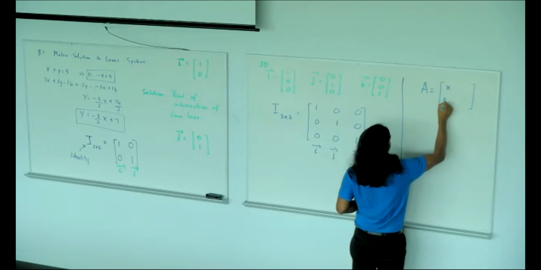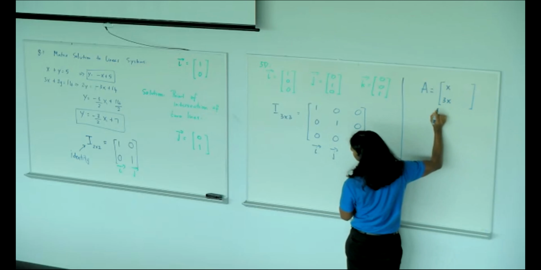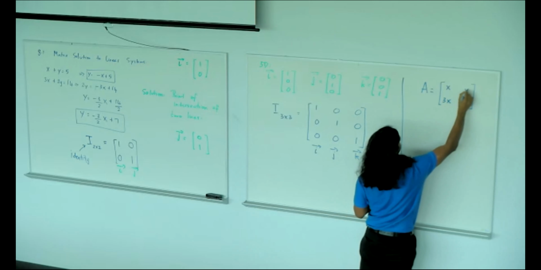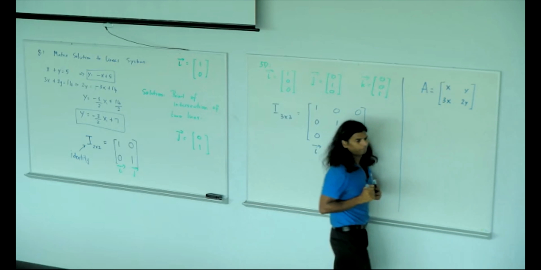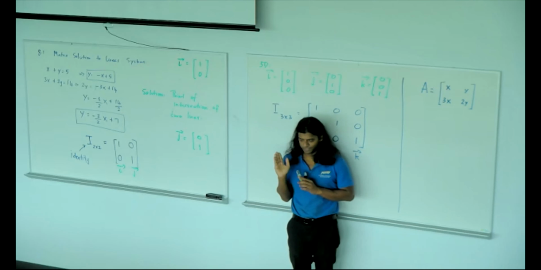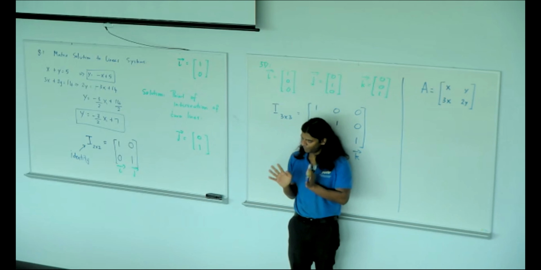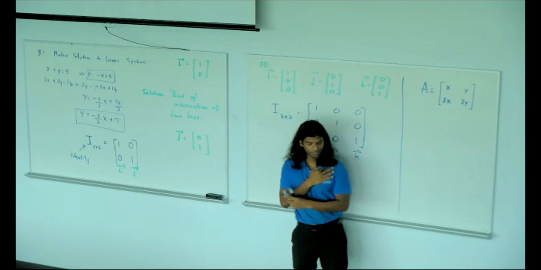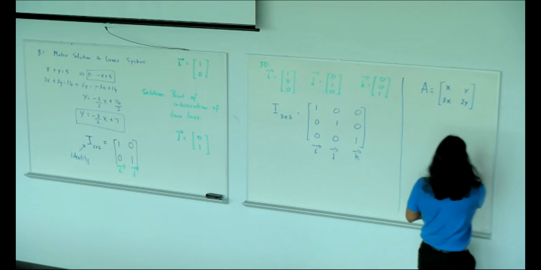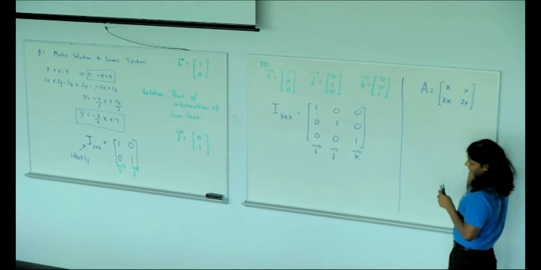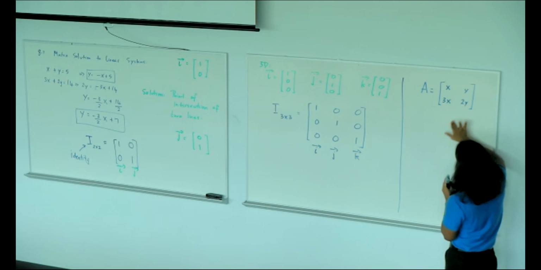x, 3x and y, 2y, 1. Good. But matrices deal with numbers, you know, in terms of application, so I'm going to isolate the x, y, and I'll tell you how that can be done.